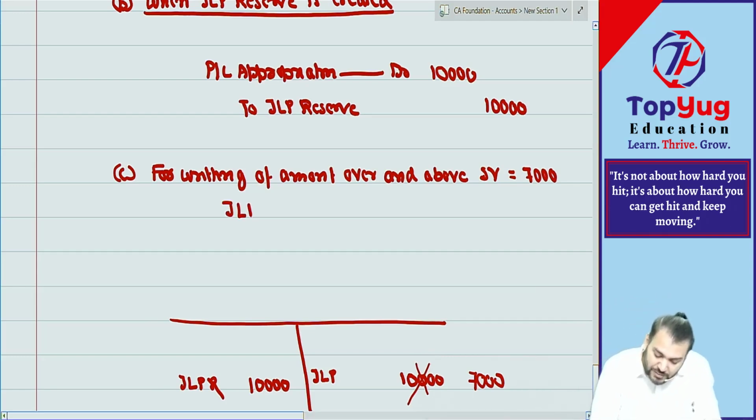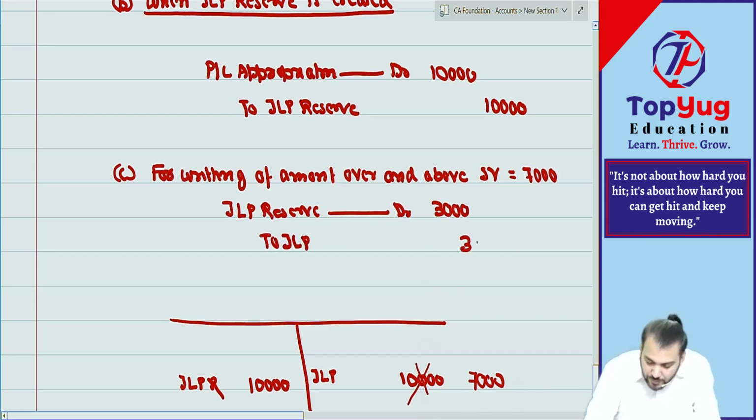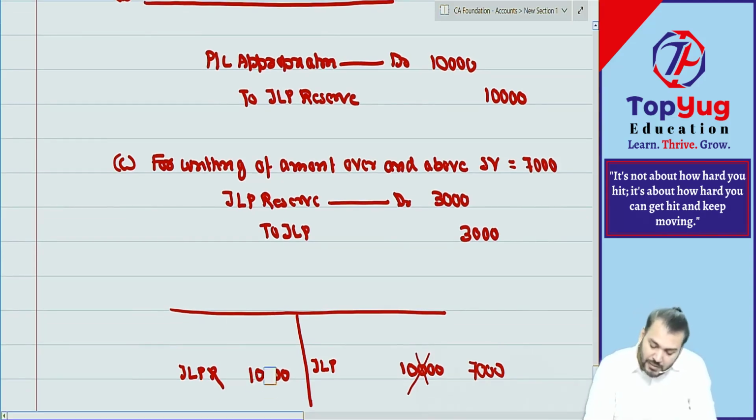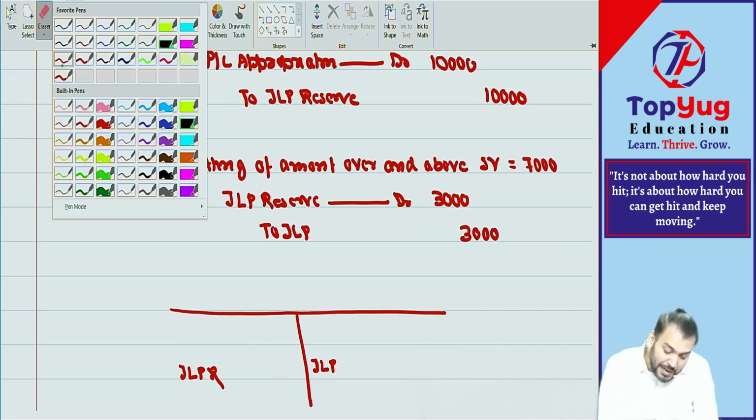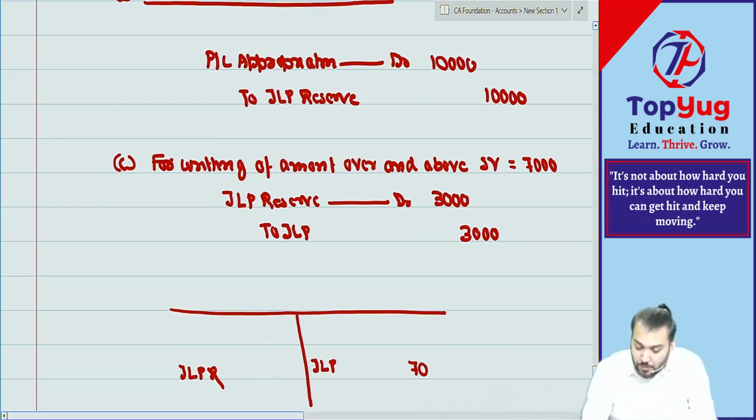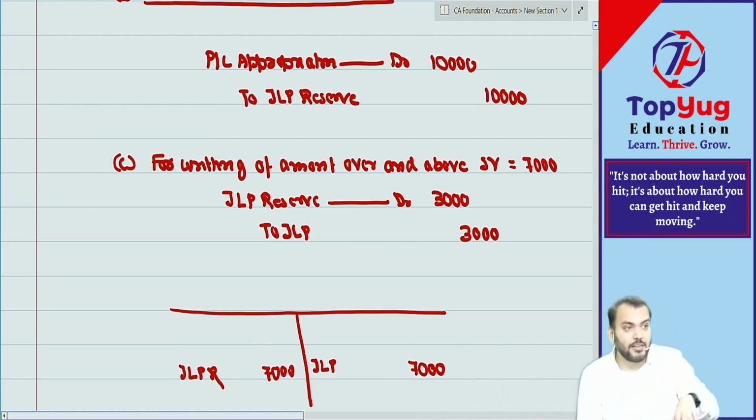We reduce JLP reserve by 3,000, and we'll also reduce JLP by 3,000. Automatically in the balance sheet what amount will come? 7,000 and 7,000. Means in this situation JLP and JLP reserve both are maintained at surrender value. Understood?